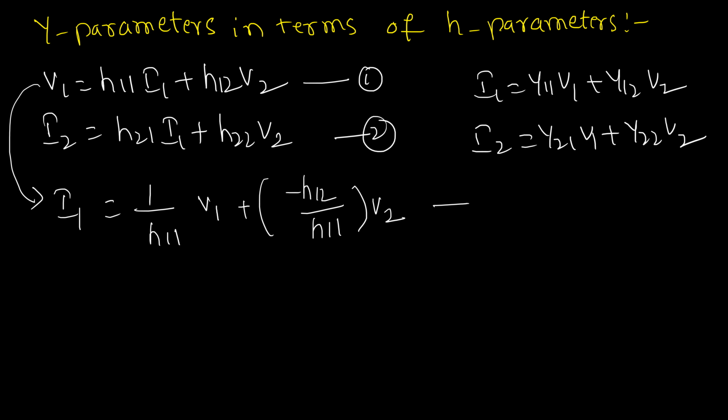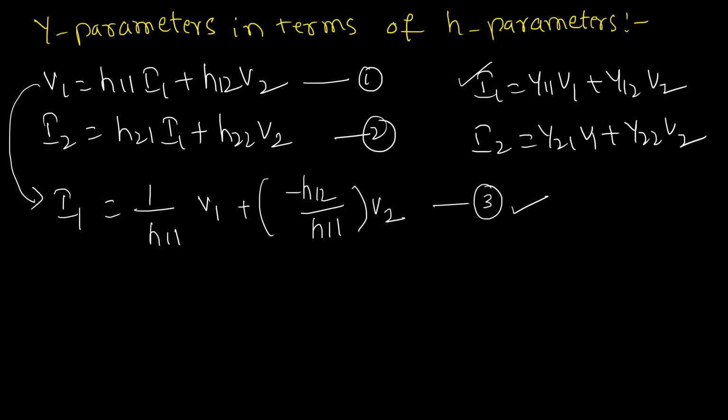Call it equation 3. Now you compare this third equation with the standard first equation for the Y parameters. There you get Y11 as 1 by H11, Y12 as minus H12 by H11.